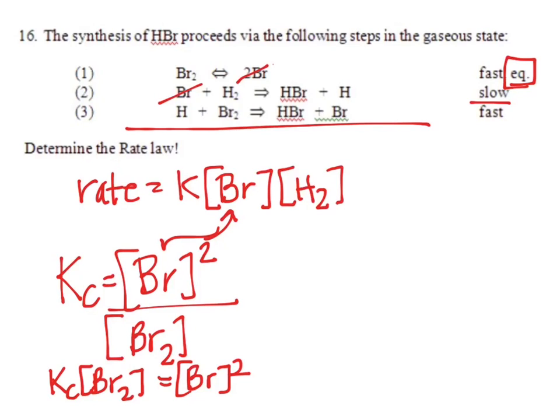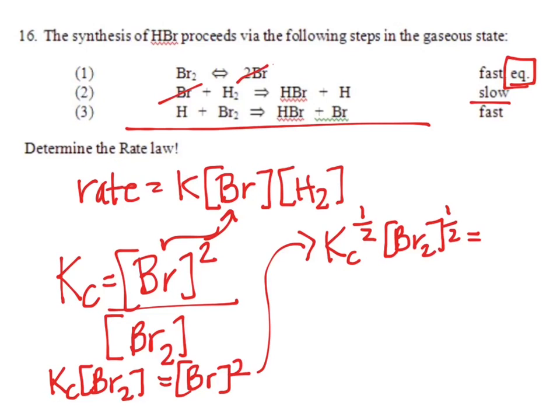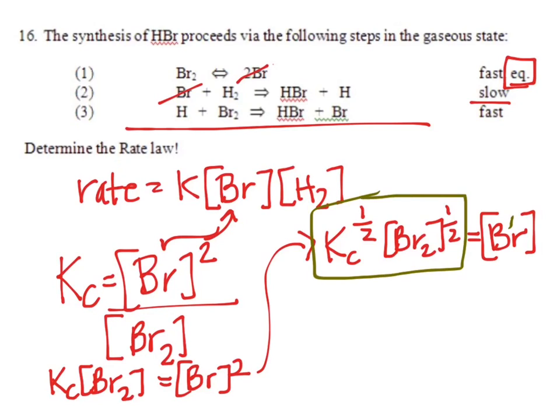So I need to take the square root, or we're going to say Kc to the 1/2 power times Br2 to the 1/2 power is equal to Br. And now we can take this whole thing right here and substitute it in our rate law.